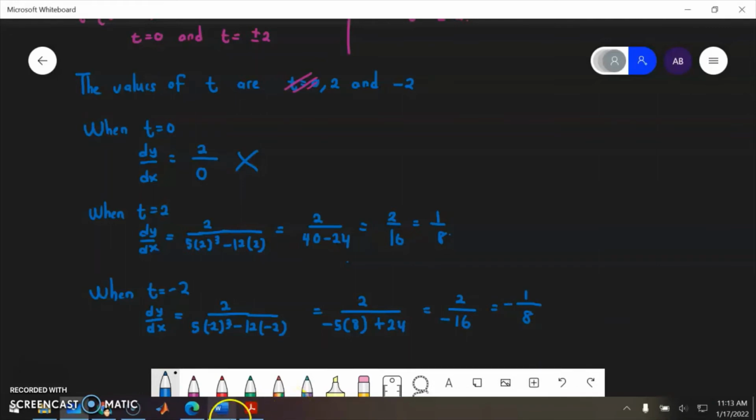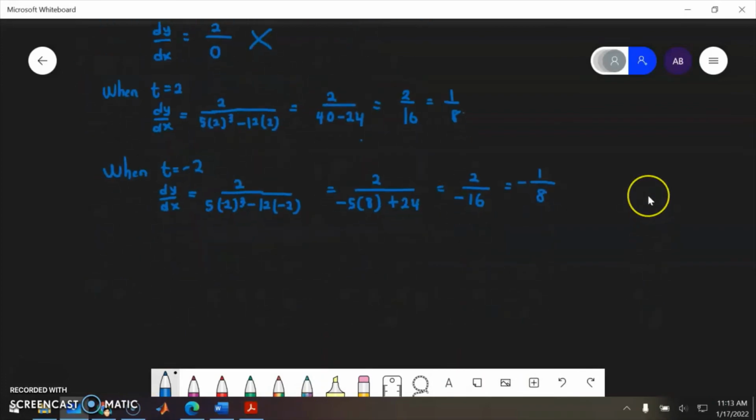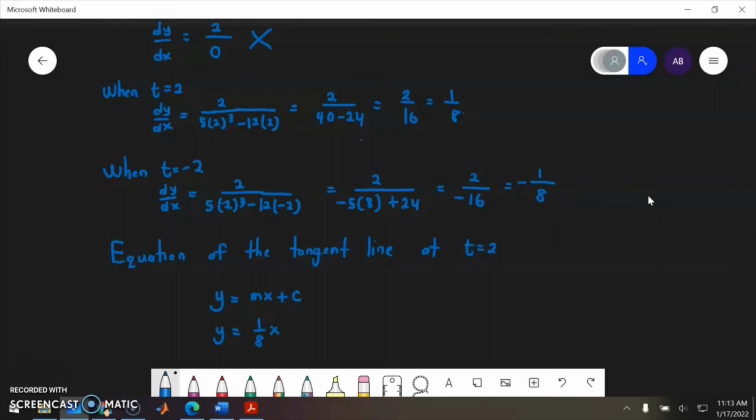Okay, so what will be our equation of the line? The first equation of the tangent line at t equals 2. So y equals mx plus c. My m is our tangent slope dy/dx, which is 1 over 8, so y equals 1 over 8 x.